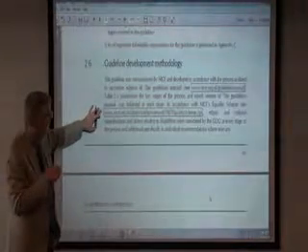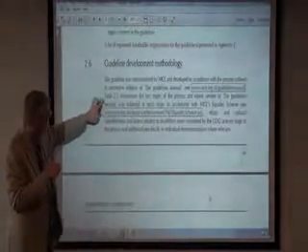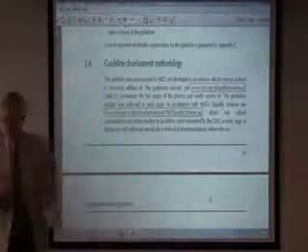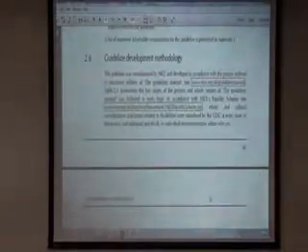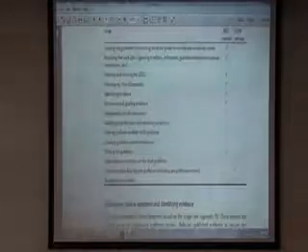And then Table 2.1 summarizes the key stages of this guideline development process. So here it is.